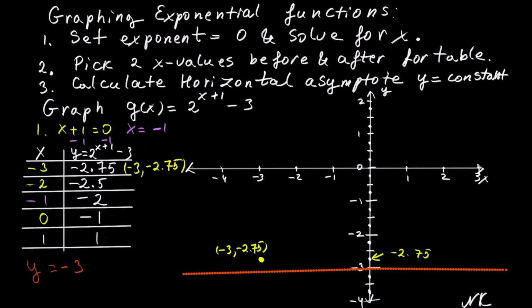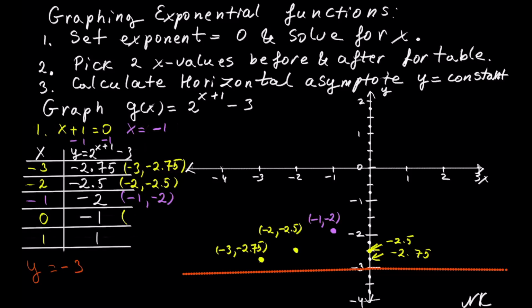The next point is at x is negative 2, y is negative 2.5. So y equals negative 2.5 is halfway between negative 2 and negative 3. So when x is negative 2, y is negative 2.5. The next point is our center point, which is at x equal to negative 1, y equal to negative 2.